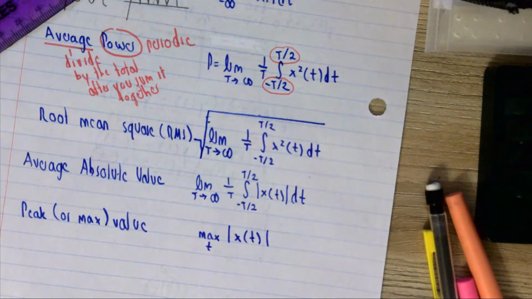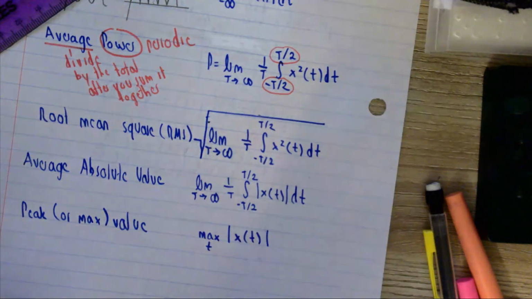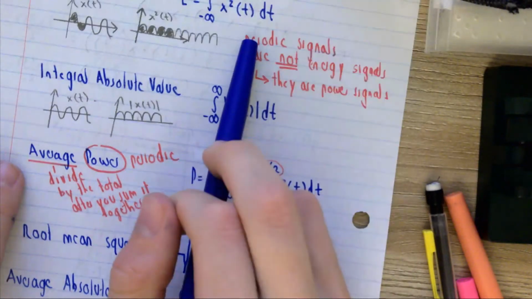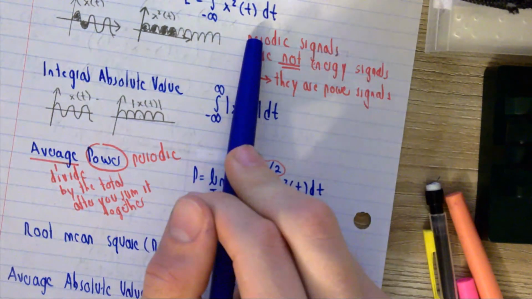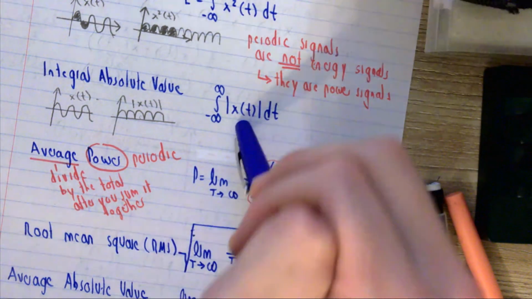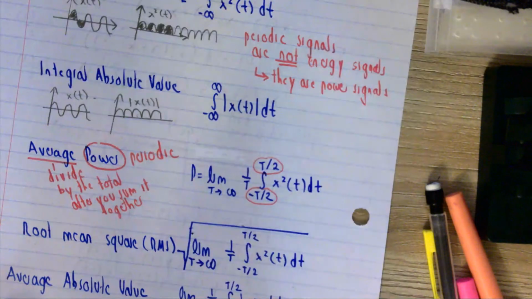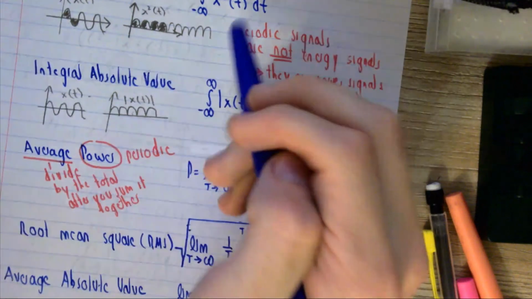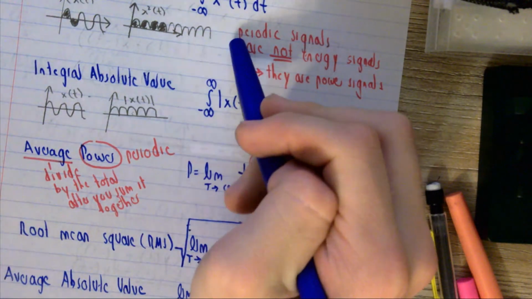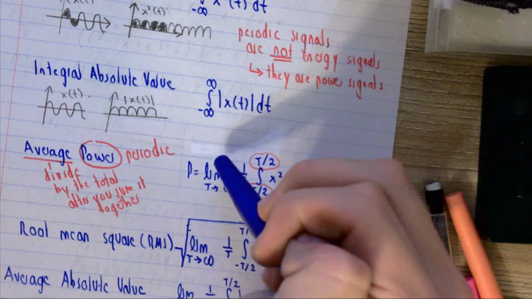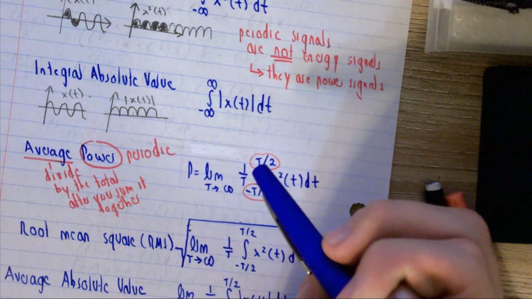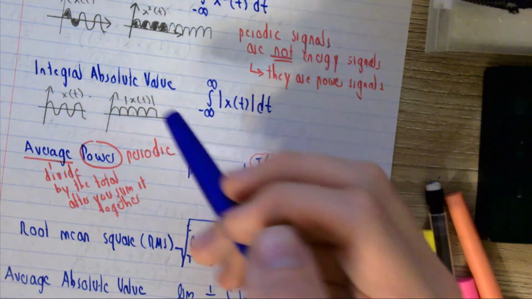So basically what we need to say is when the energy is less than infinity, it's an energy signal. When the power is less than infinity, we say it's a power signal. In an energy signal, the power is equal to 0. But in a power signal, energy is equal to infinity, because in the periodic case, the area just keeps increasing and increasing.